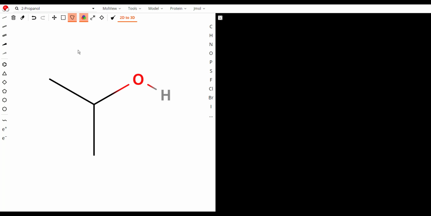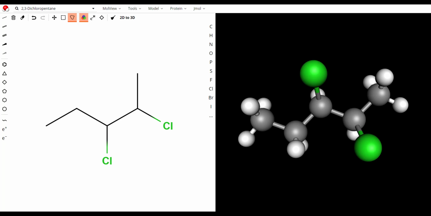Let's go to another example. Let's look at this one. So let's count the carbons again. Now this one has a 3D structure. I'm not sure why the other ones weren't loading, but let's look at this one here first. Carbons, I see 1, 2, 3, 4, 5 carbons, and we can confirm that here with a 3D structure. 1, 2, 3, 4, 5 carbons.